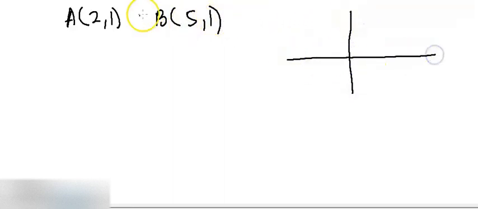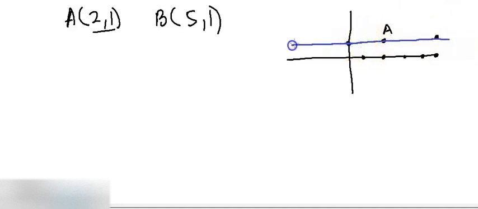So 2 comma 1 is going to be 1, 2, and y is 1, so the point is over here. This is my point A. 5 comma 1, this is 3, 4, this is 5, 5 comma 1 will be this, so the line should be this one.